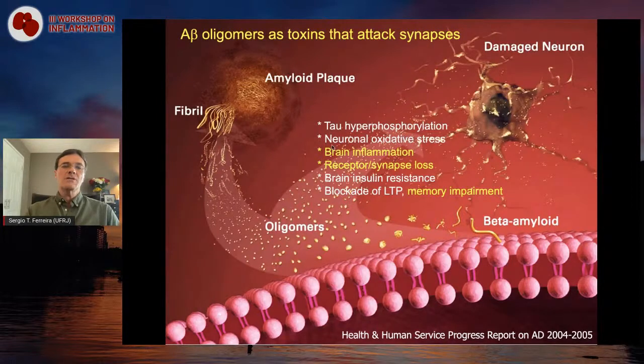They trigger brain insulin resistance, making AD a sort of brain diabetes, if you will. But of more importance today, oligomers trigger brain inflammation, the loss of synapses, and because of the loss and functional impairment of synapses, that leads to memory impairment.